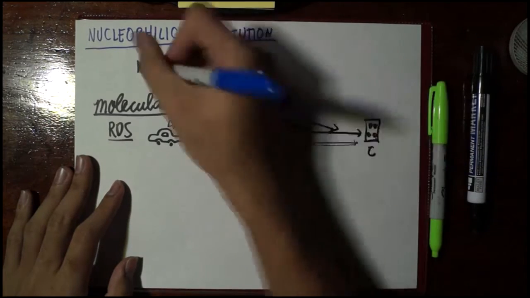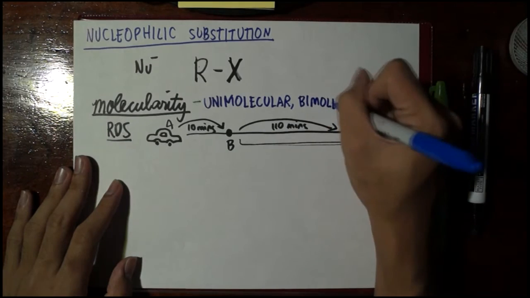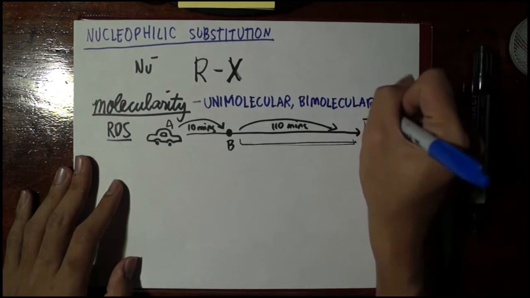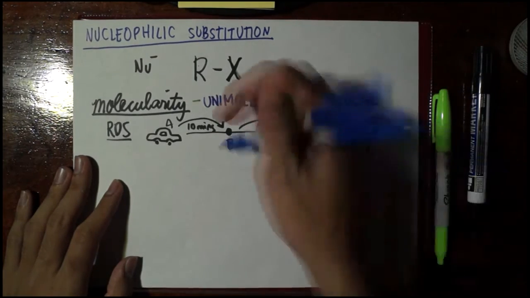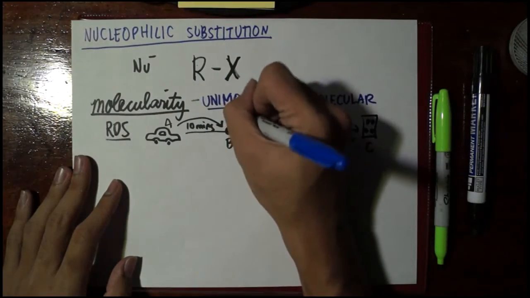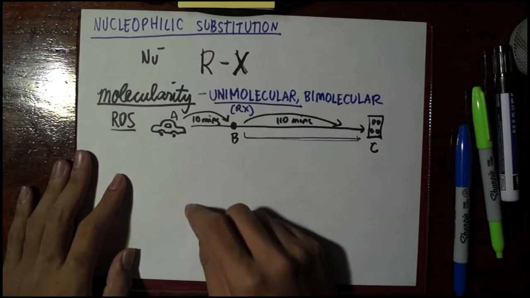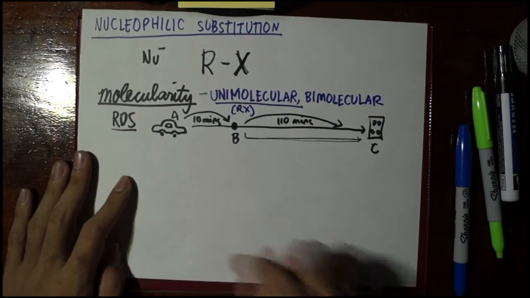If we have both molecules participating, we say bimolecular. And I would like to stress that when we say unimolecular, between the 2, Rx or Nu, it is Rx which participates in the rate determining step. And I'll explain it actually right now.